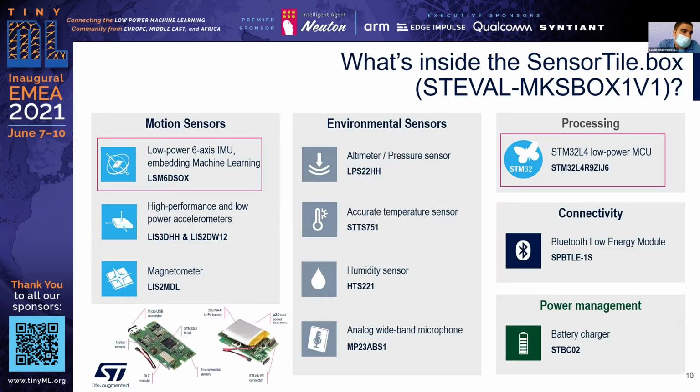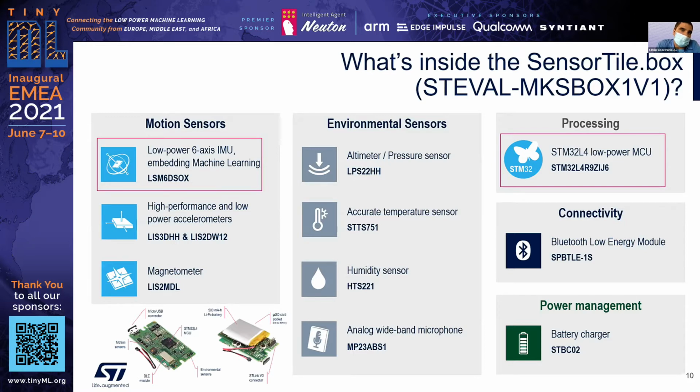What are the sensors that you can find inside the SensorTile.box? We have the LSM6DSOX, the IMU 6-axis accelerometer plus gyroscope with the embedded machine learning core capability. Then we have also two other accelerometers on board, one high performance and the other one low power. Then we have also a magnetometer.